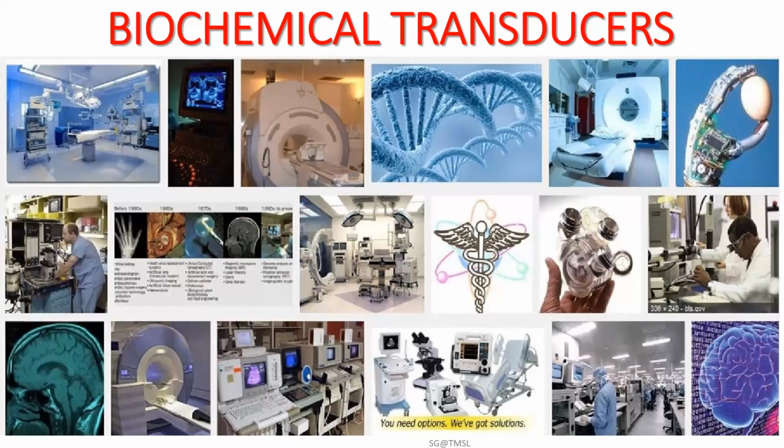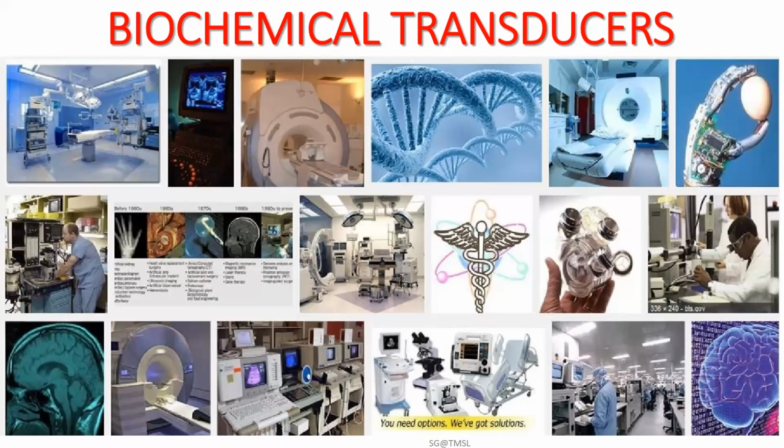The normal method is that one electrode is used that is sensitive to that substance or ion being measured, and a second electrode is used that is insensitive to that substance or ion.